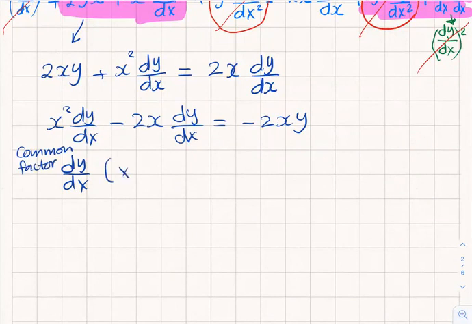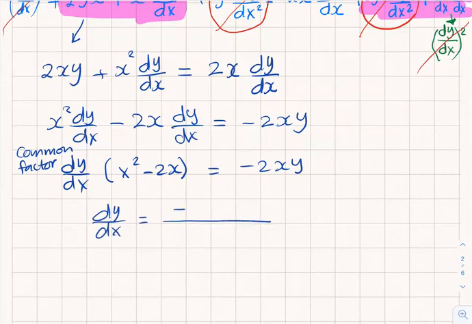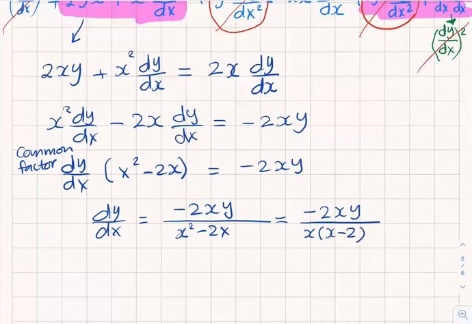So I would be left with x squared minus 2x here equals minus 2xy, and then dy over dx equals minus 2xy over x squared minus 2x. I can take x outside as a common factor from the denominator, so it's minus 2xy over x times x minus 2, and then cancel down these x's.